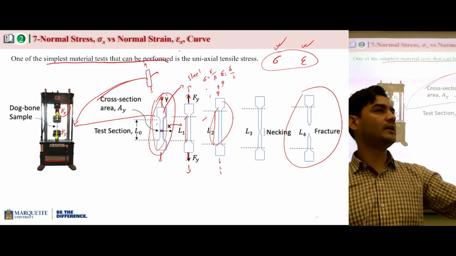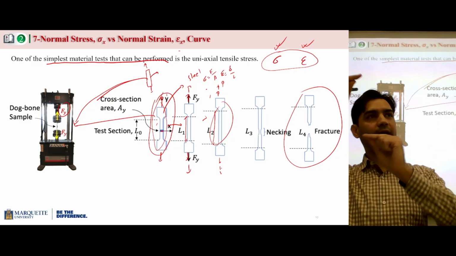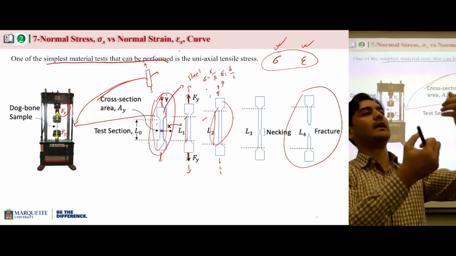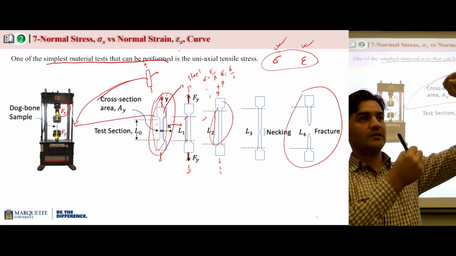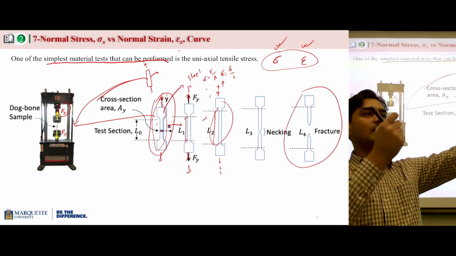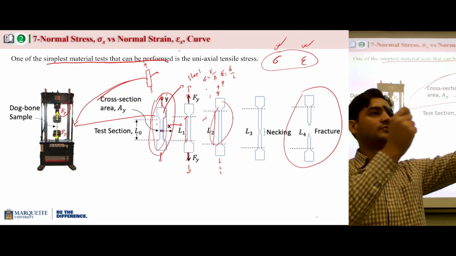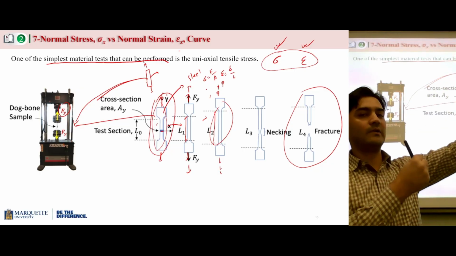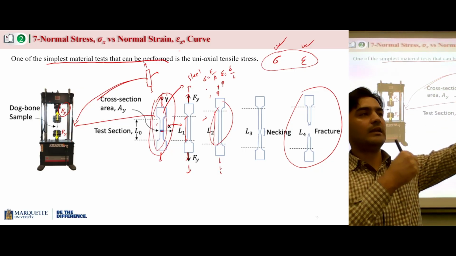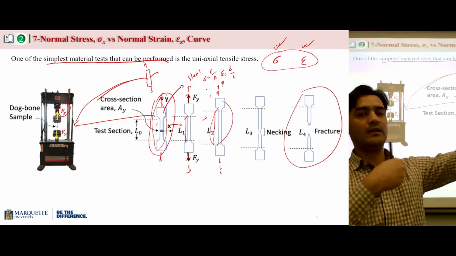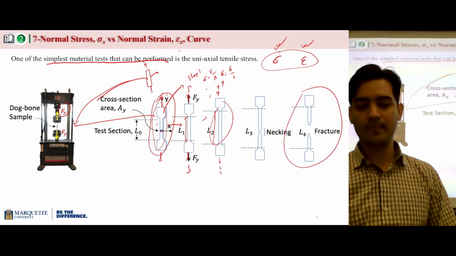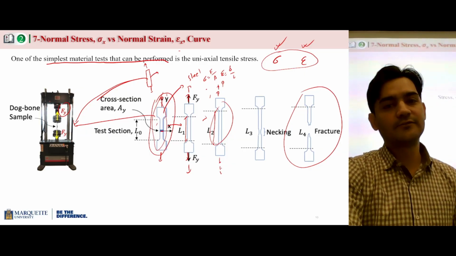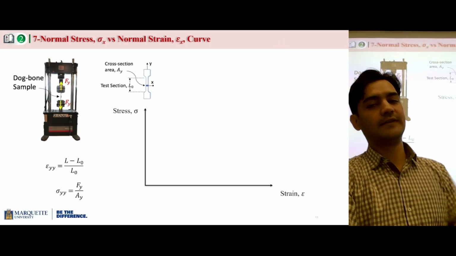If you want to know the material properties of steel, you put a sample of steel into the machine and you keep on increasing the force, and you're going to see the material stretching, and you're going to see stresses inside and strains inside, and they are going to keep on increasing, and ultimately there will come a point when this material will fail, the sample will fail, it will fracture. And we can see this visually by drawing a stress strain curve.